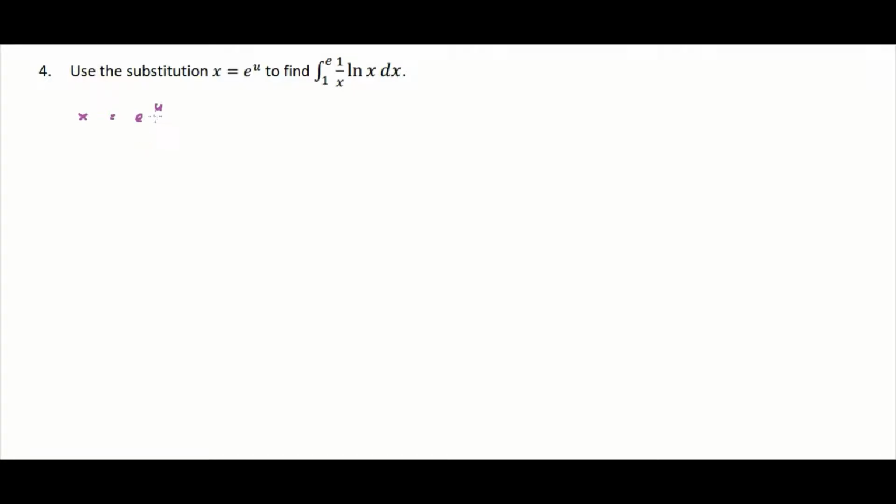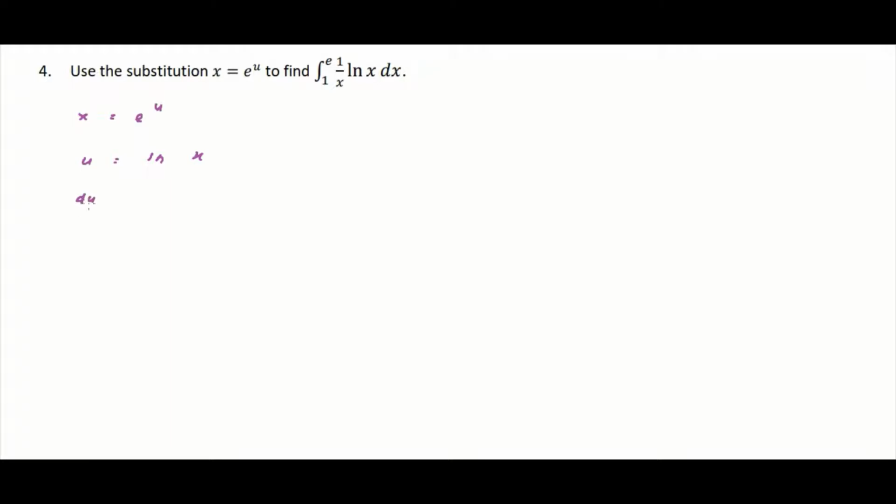Okay, so after you differentiate e^u, what do you get? You get back e^u. But after you differentiate ln, what do you get? You get 1 over x. So that's why in this question it's simple if we change it to u equals ln x. If x equals e to the power of u, then u equals ln x, right?